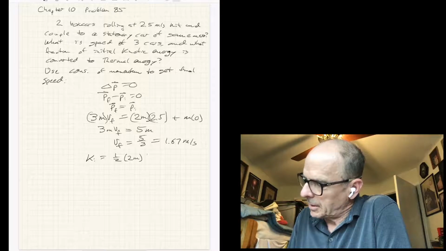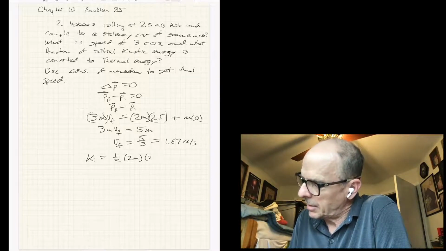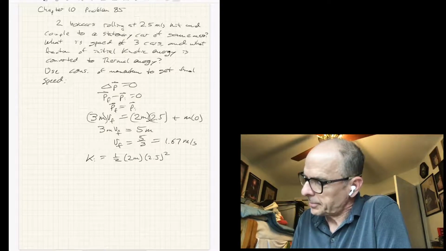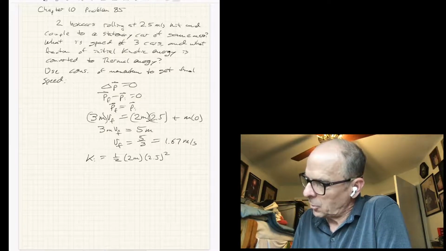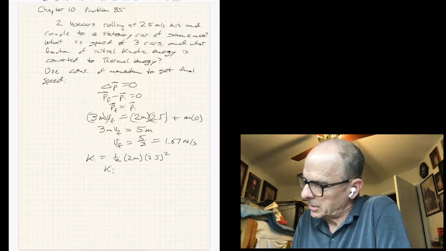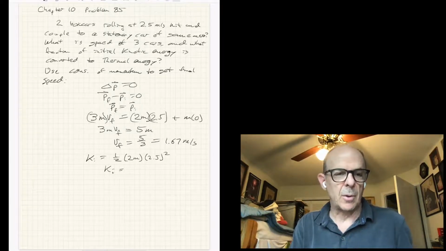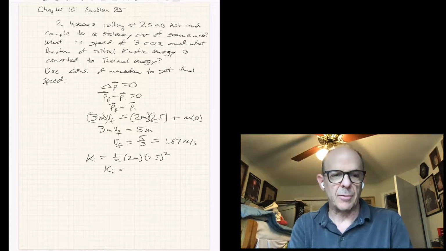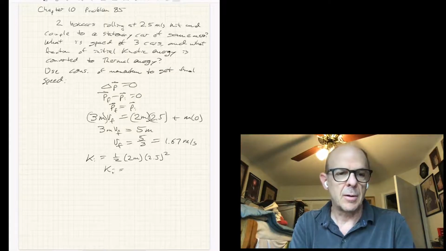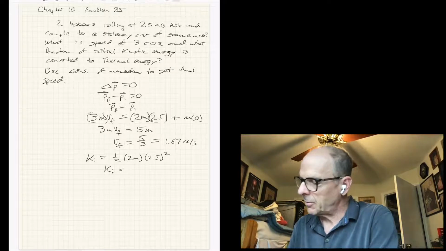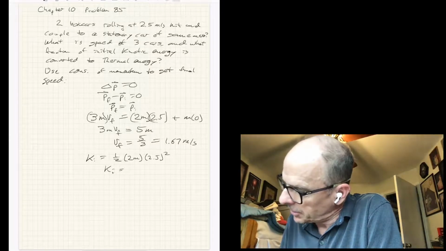Times 2.5 squared. So that's equal to m times 2.5 squared, and 2.5 squared is 6.25. That's equal to 6.25 m.